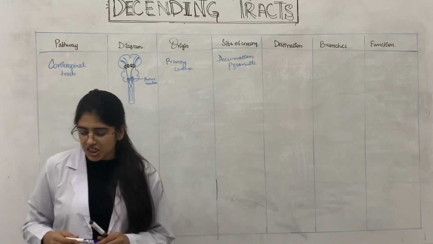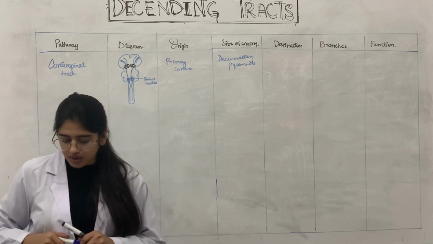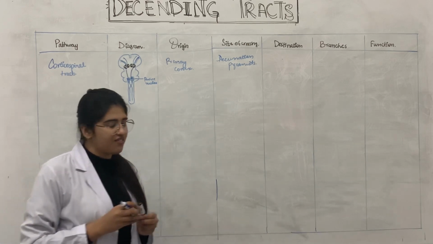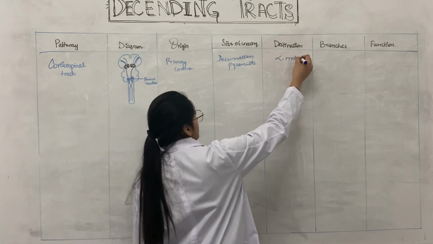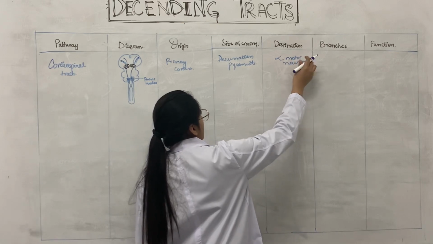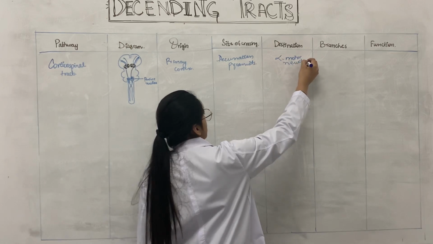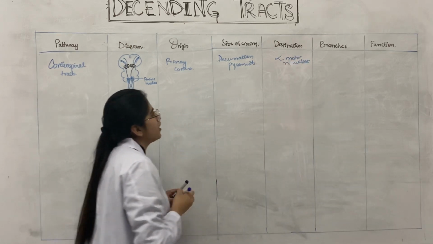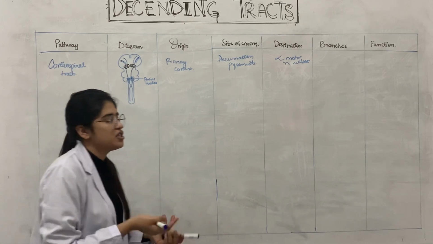Its destination is the alpha motor neurons. The alpha motor nucleus is its actual destination, where it would end.